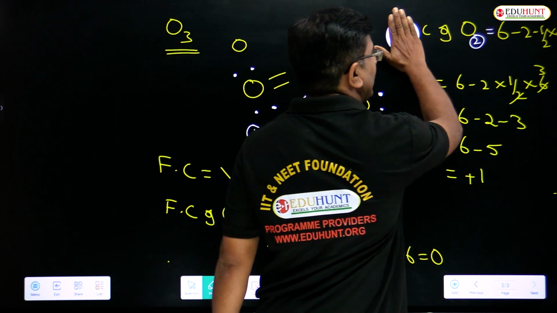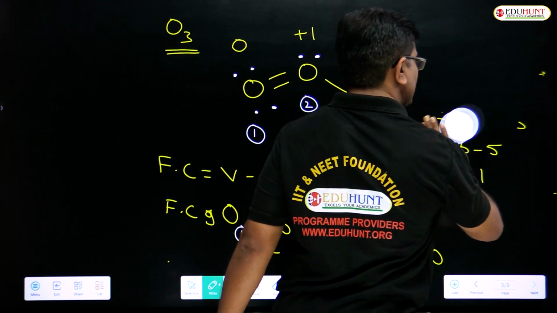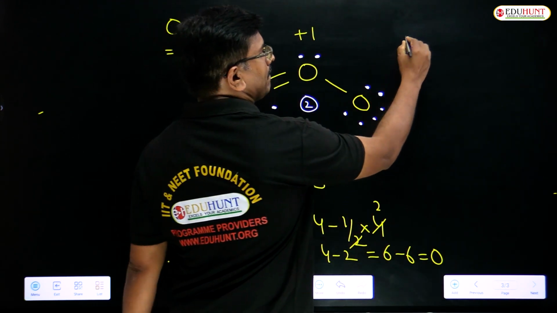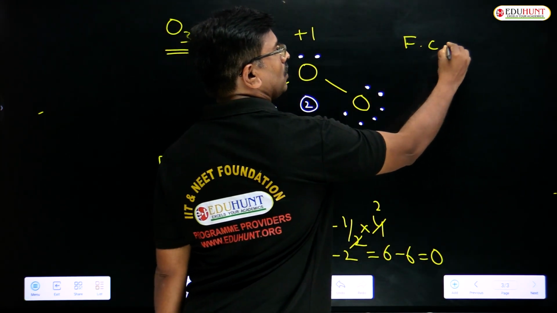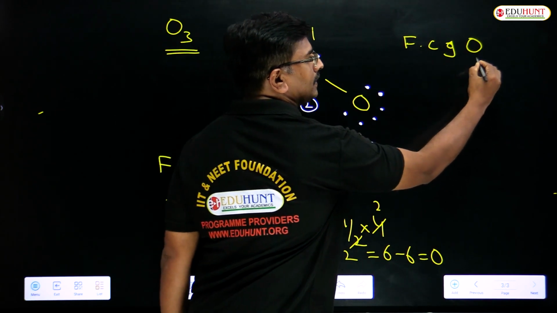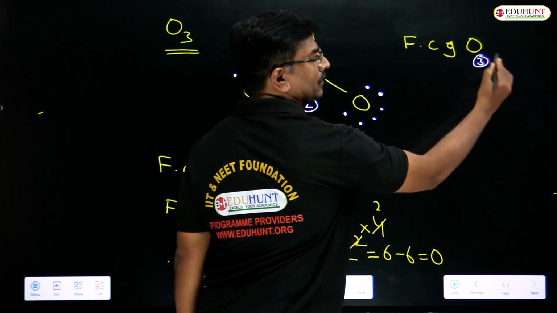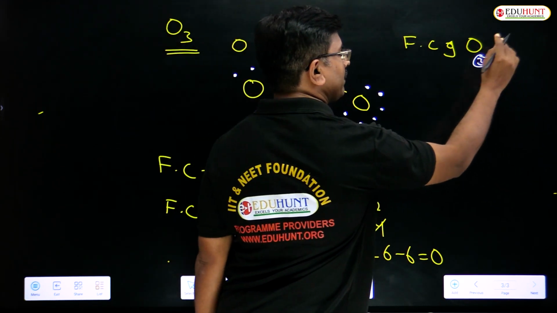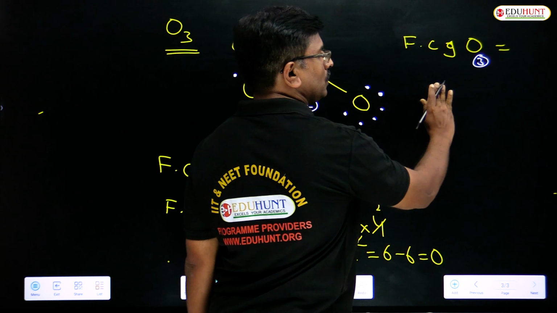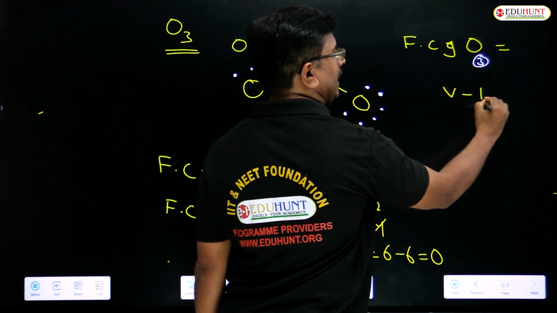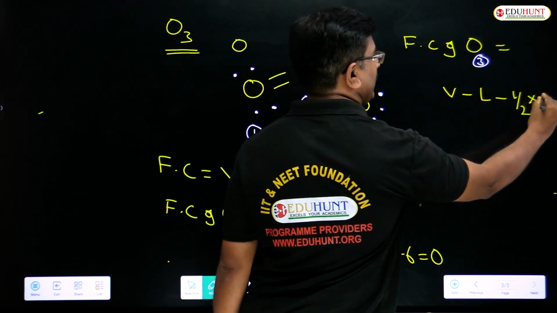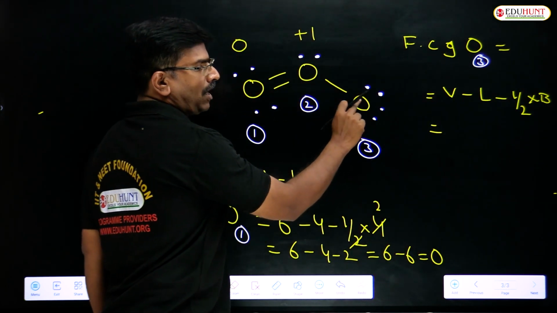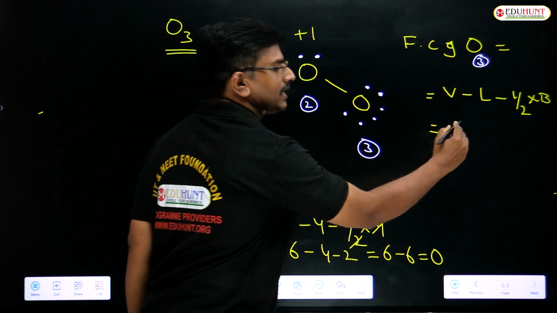So in order to calculate the formal charge of this third oxygen atom, see, formal charge of oxygen 3 is equal to, I am writing the formula, V minus L minus half into B is equal to, please observe, oxygen atom, number of valence electrons are 6.